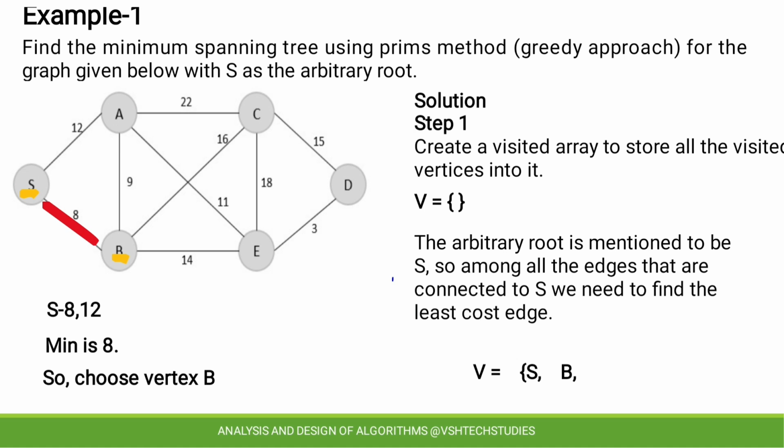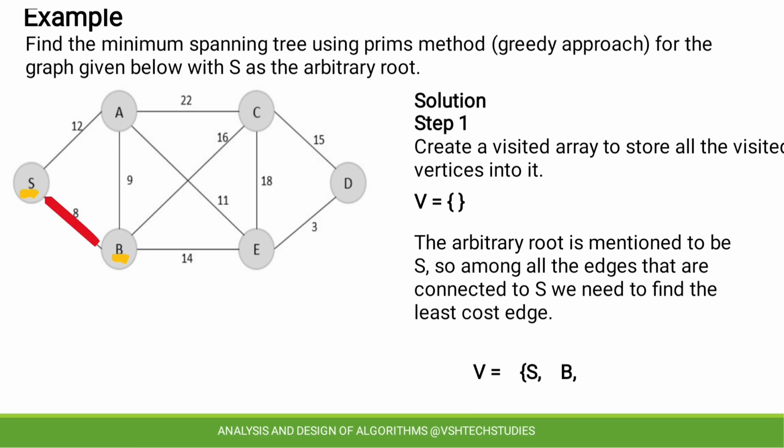So till this step, this is our minimum cost spanning tree. This is our subgraph representing minimum cost spanning tree. Here it is mentioned in the form of a list of vertices and in the graphical representation. So at present, till this step, in the minimum cost spanning tree vertices list we have S and B, and in the graph it is shown S and B vertices are present and they are connected with this edge.